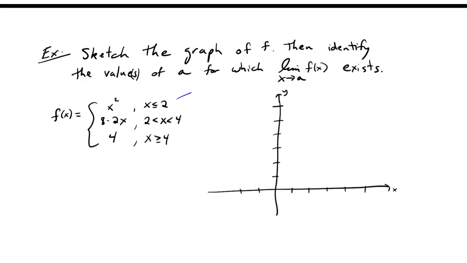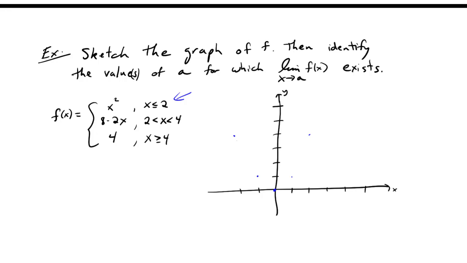So let's take a look at this first piece saying that if x is less than or equal to 2, then the function looks like x squared. So x squared would have the point 1, 1, it would have the point 0, 0, it would have the point negative 1, negative 1, and then negative 2, 4, about there, and 2, 4.